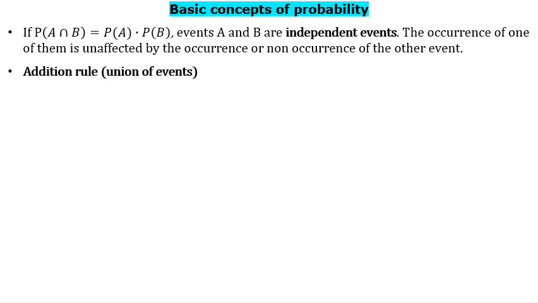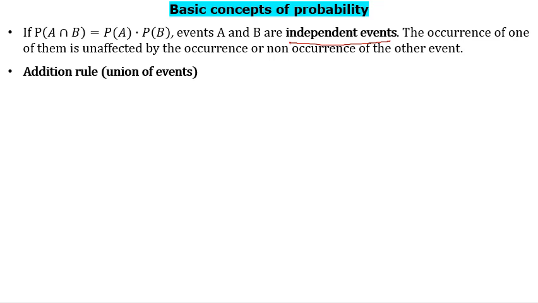Here the formula is P(A and B) equals P(A) times P(B) if event A and B are independent events.